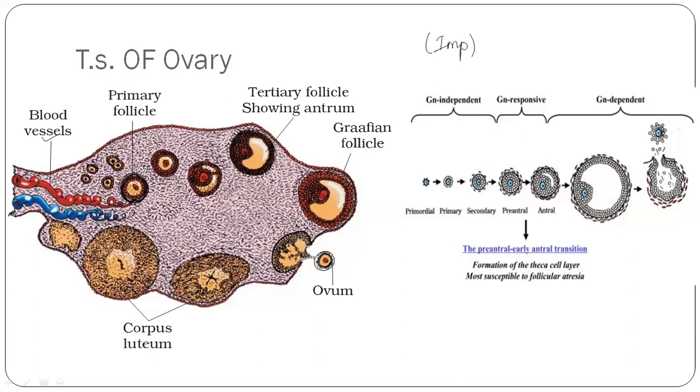Once the ovum is released, the Graafian follicle forms into the yellow colored body known as corpus luteum. So this is a transverse section of an ovary.